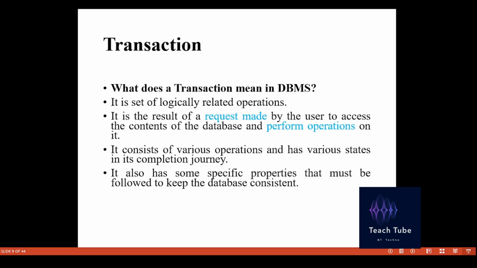It consists of various operations and has various states in a completion journey. It has specific properties that must be followed to keep a database consistent. So in a database management system, a transaction may be a whole operation or a specific single operation, and we call it a transaction.